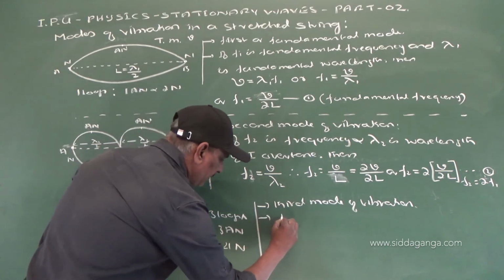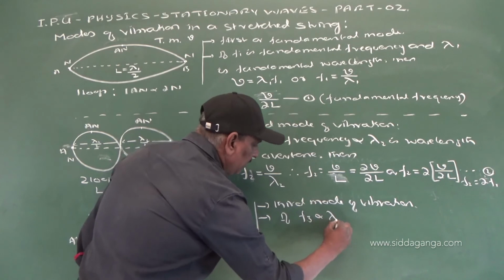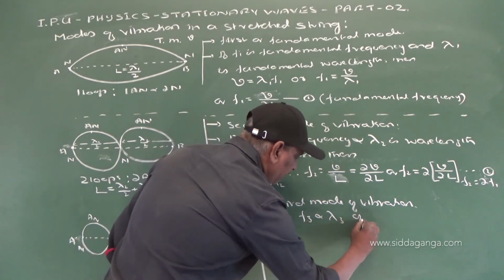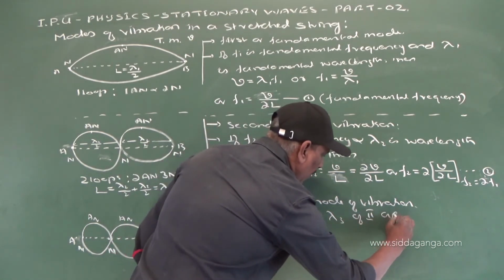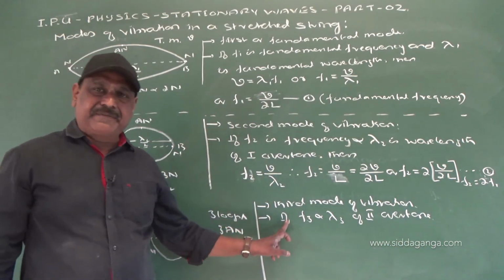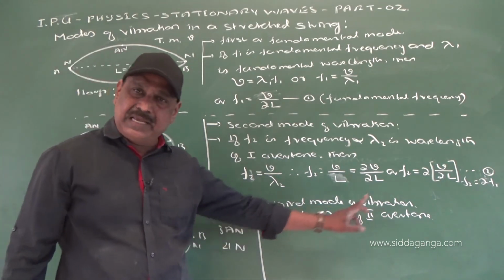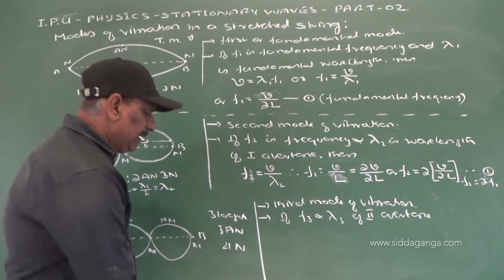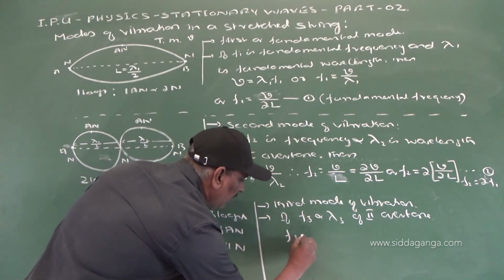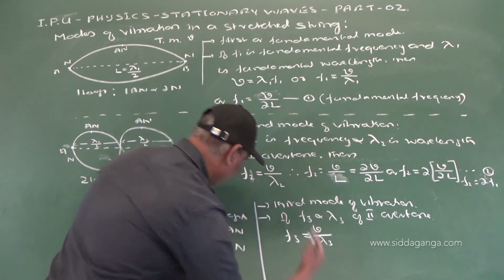Suppose F3 and lambda 3 are of the second overtone, right? That means F3 is the frequency of the second overtone, lambda 3 is the wavelength of the second overtone, then F3 is equal to V by lambda 3.